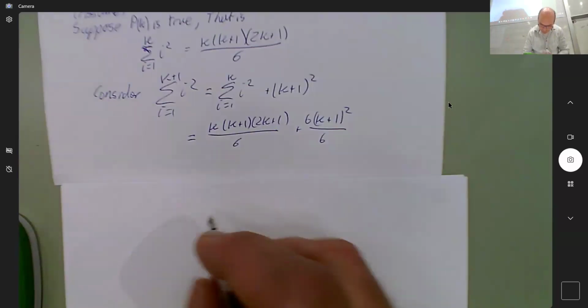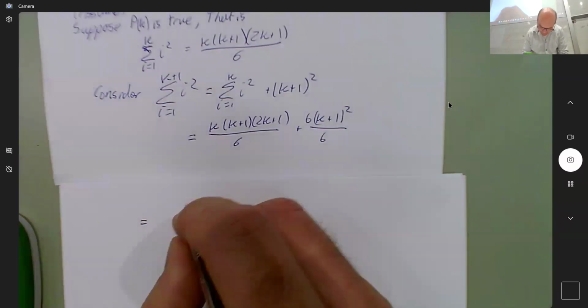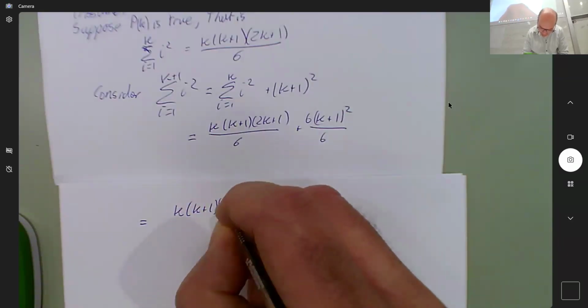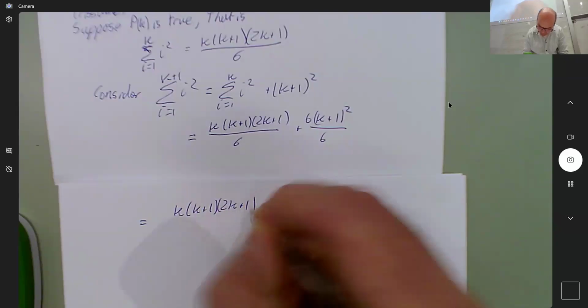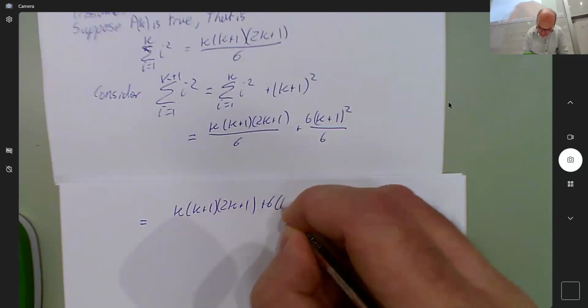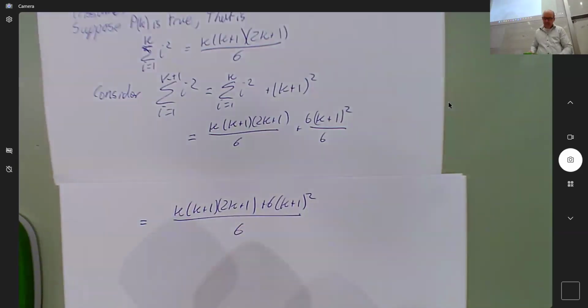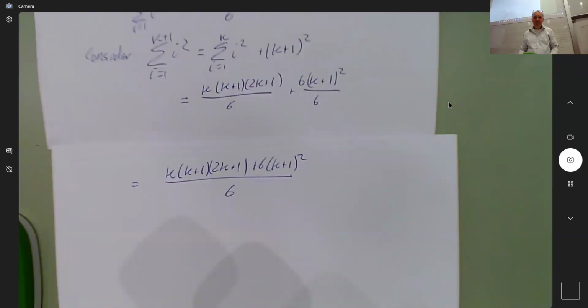And so this thing here is going to be k plus 1, 2k plus 1 plus 6 times k plus 1 squared on 6. Now, I am pretty sure I tried to explain to you how cool factorization is. Factorization is the friend you want to have as your wingman. Factorization is getting you out of trouble.